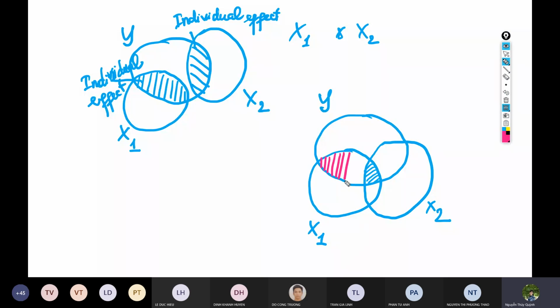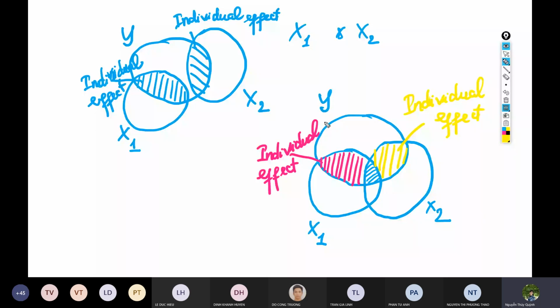The pink area is the individual effect of x1 on y. And this yellow area is the individual effect of x2 on y.